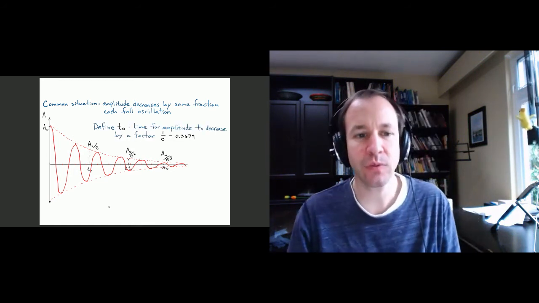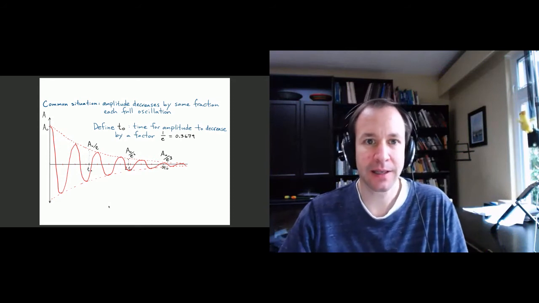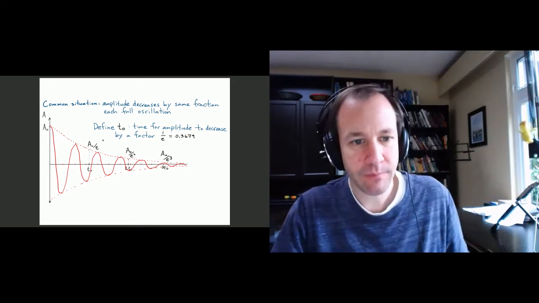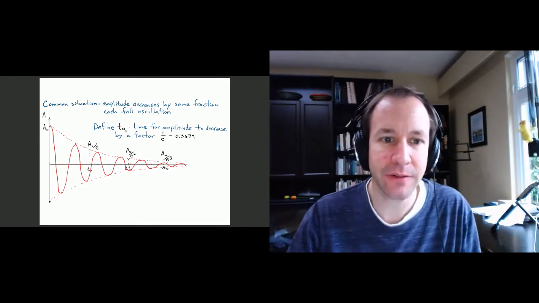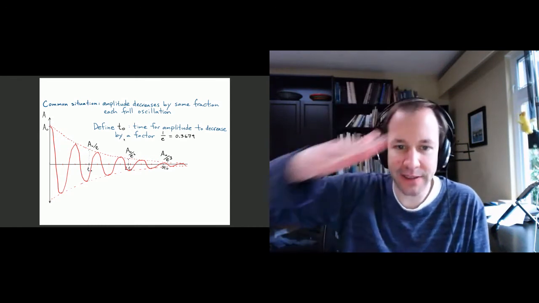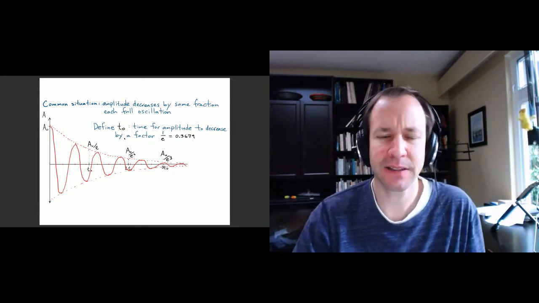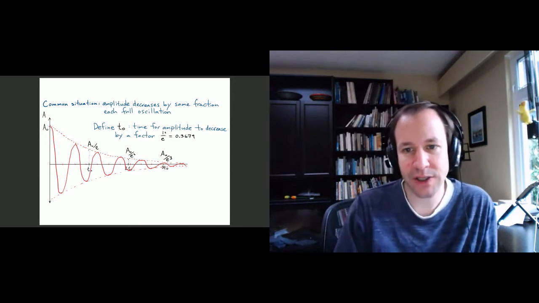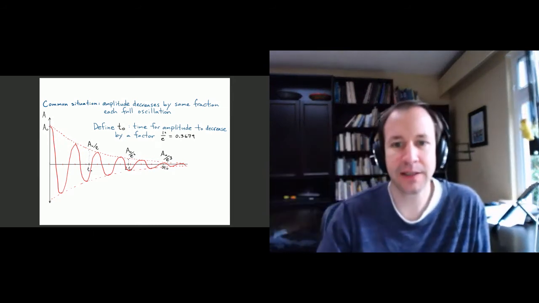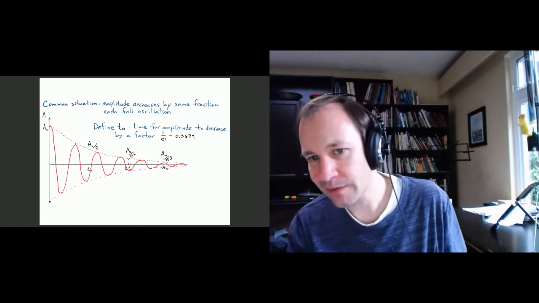The standard way to describe it is to define what's called the time constant for that kind of decay. And it's a little bit strange. The time constant is defined to be the time after which the amplitude is decreased by a factor of 1 over e.